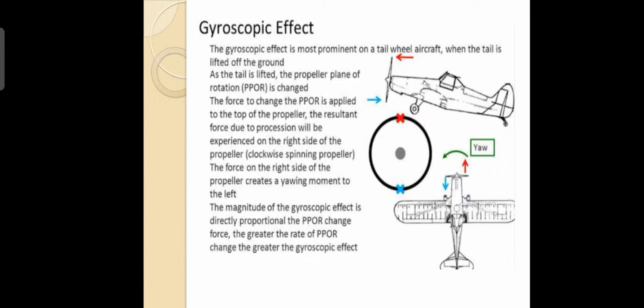There is a resultant force due to precession experienced on the right side of the clockwise spinning propeller. The force on the right side of the propeller creates a yawing moment to the left. The magnitude of the gyroscope effect is directly proportional to the plane change force. The greater the rate of plane change, the greater the gyroscopic effect.